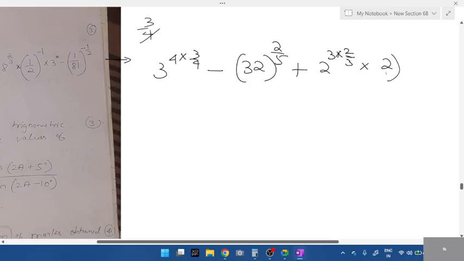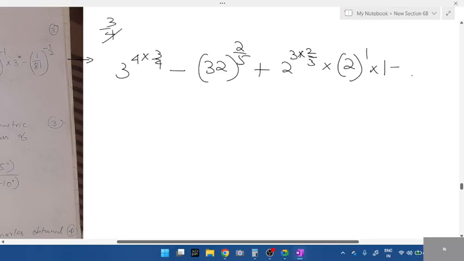Yes, to the power of 1, right? Keep it as it is. Anything to the power of 0 is 1. 1 by 81 squared, 1 by 2, right? So here it gets cancelled. 3 cubed is 9 or 27?